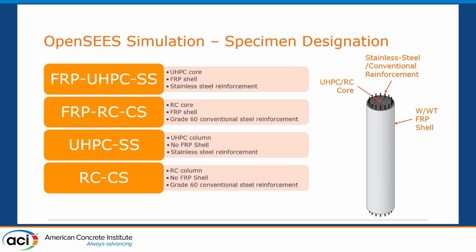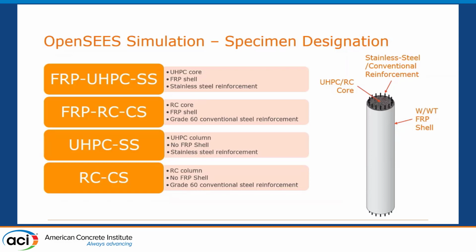So 4 specimens. Here for the illustration, we have a concrete column with a core and a reinforcement. The 4 specimens were configured with or without the FRP shell, with a UHPC core or regular reinforced concrete core, and with conventional grade 60 steel reinforcement or grade 75 stainless steel reinforcement.